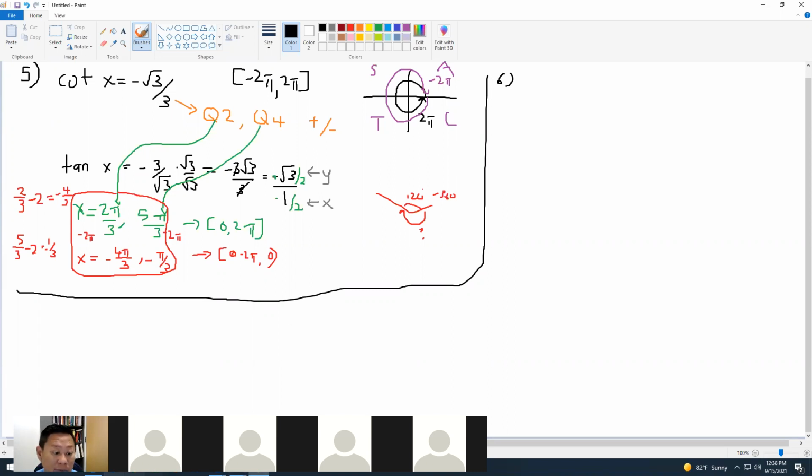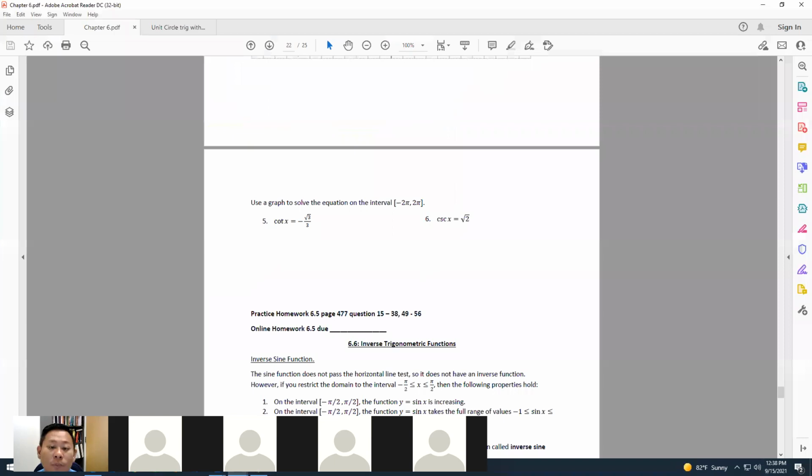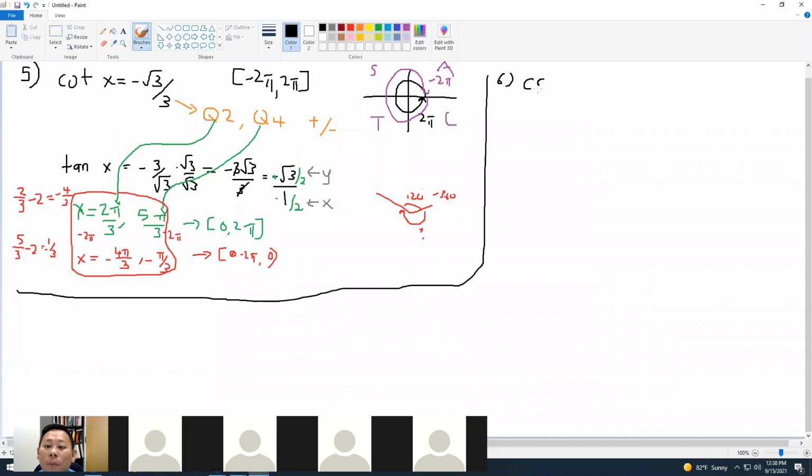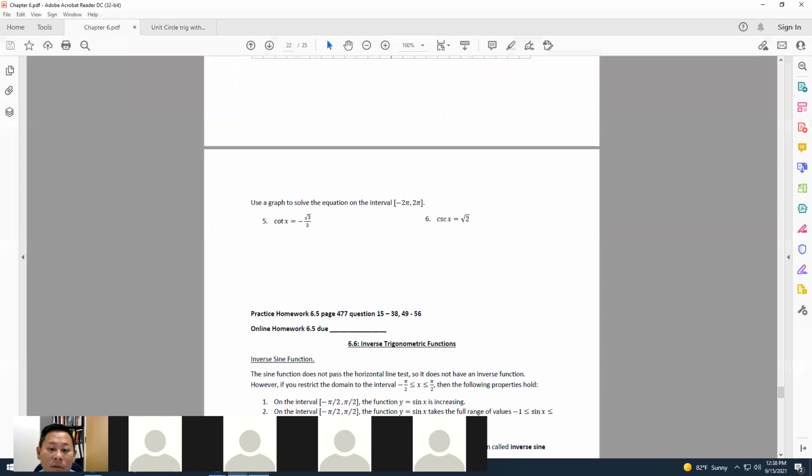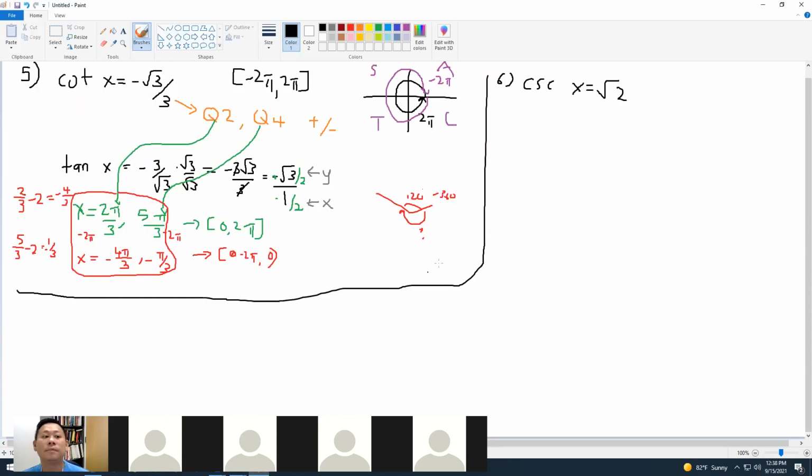Let's do one more. Number 6 is given as cosecant x is √2. So anyone know what to do with this kind of question? Yep, this is correct. Do the sine first, because you do the reciprocal first.